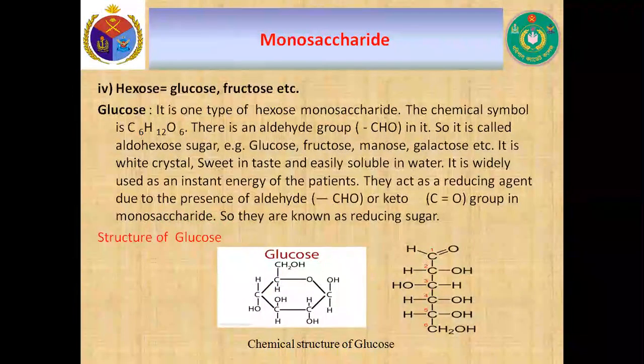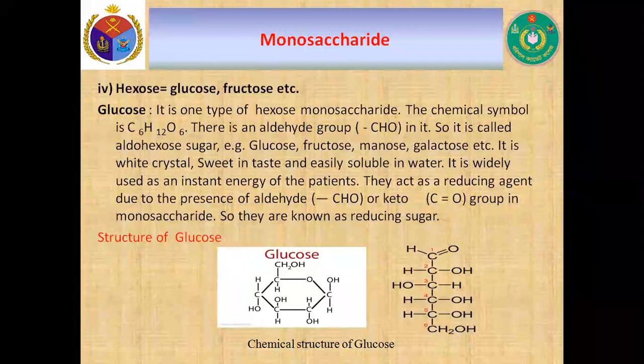Now, hexose sugar. Glucose and fructose are the main examples of hexose sugar. Glucose. It is one type of hexose monosaccharide. The chemical formula is C6H12O6. There is an aldehyde group in it, so it is called aldohexose sugar. Glucose, fructose, mannose, galactose are examples of hexose sugar.